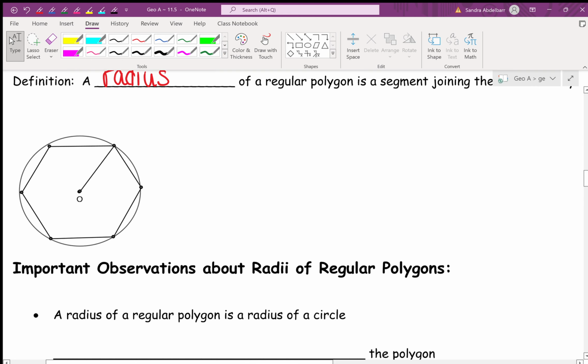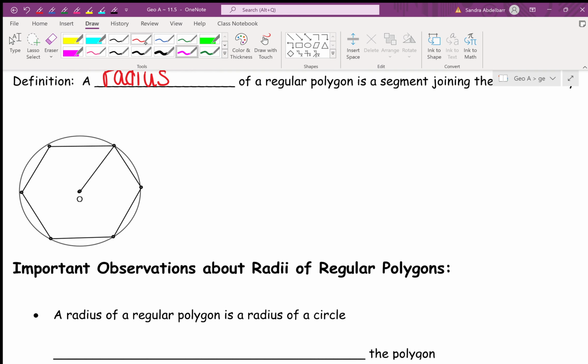So the polygon is inscribed in a circle. And so when a polygon is inscribed in a circle, the circle has a radius, the circle has a center. So the radius and the center of the circle circumscribed about the polygon is the same center and the same quote-unquote radius of the polygon.